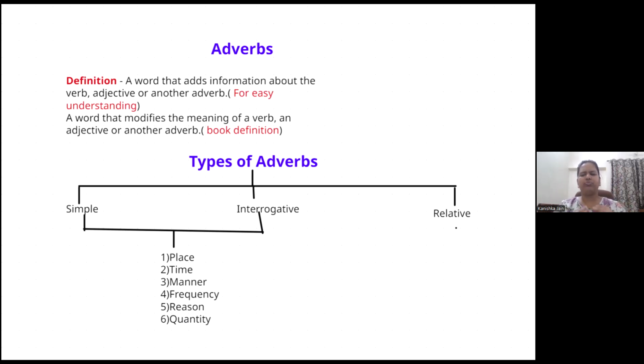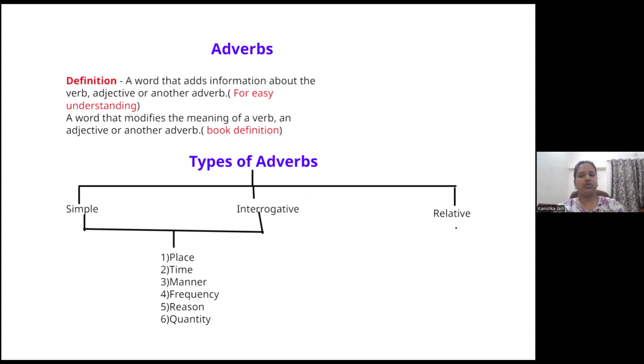And how beautifully the adverb works: the answer is going to be, I am teaching nicely. So nicely here is a simple adverb. Now, can you guess what kind of adverb it was? Please do answer at the end of the video in the comment section.